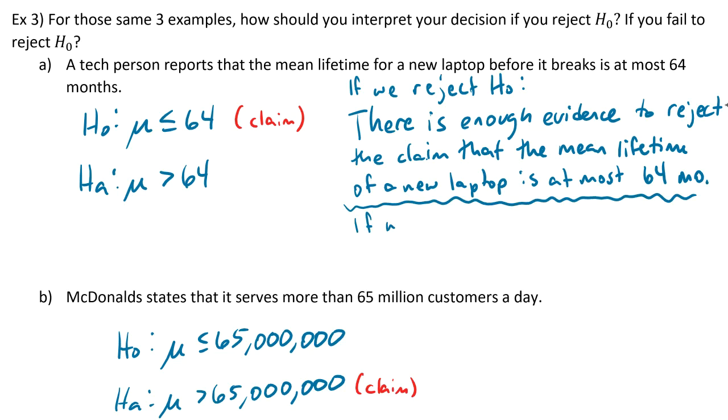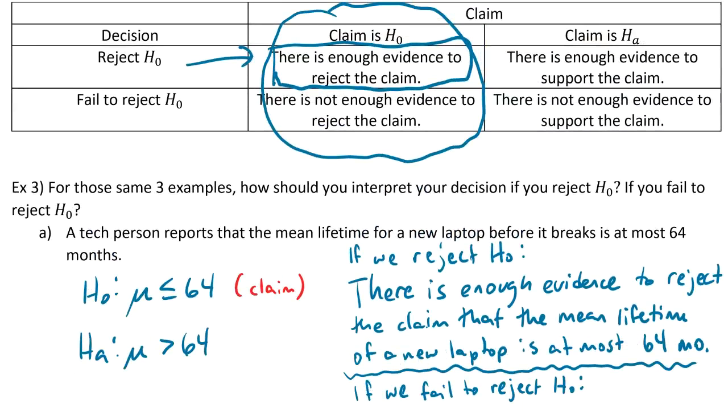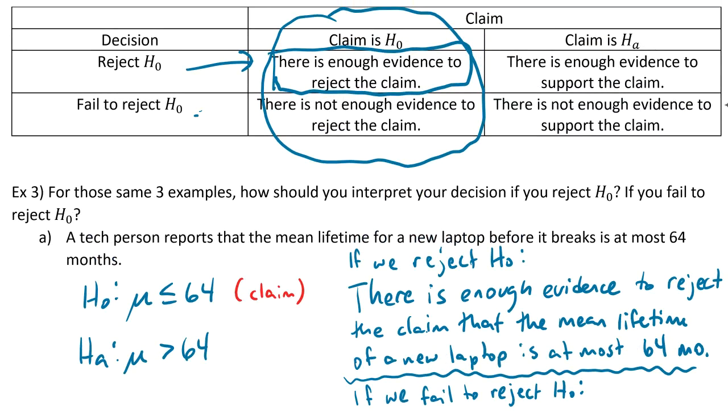But what if we fail to reject the null hypothesis? Then our claim is still the null hypothesis, but we just look at the bottom one instead.